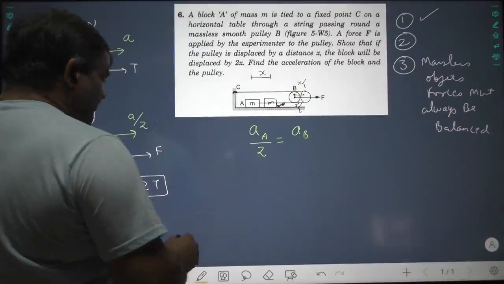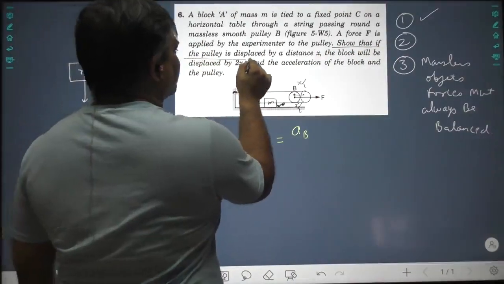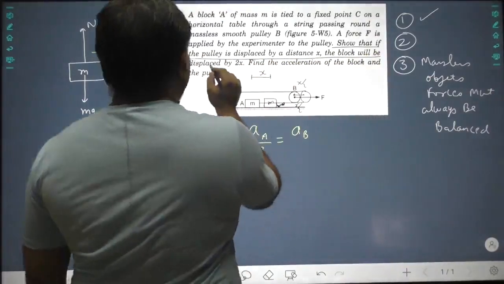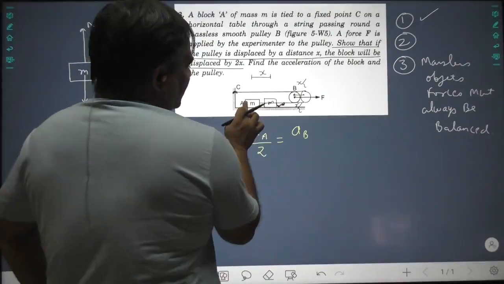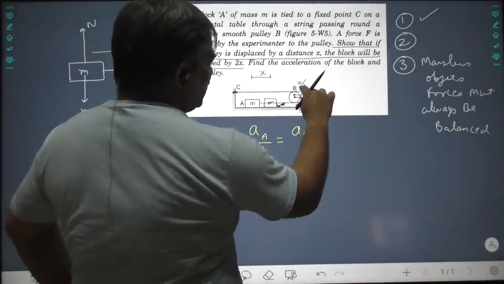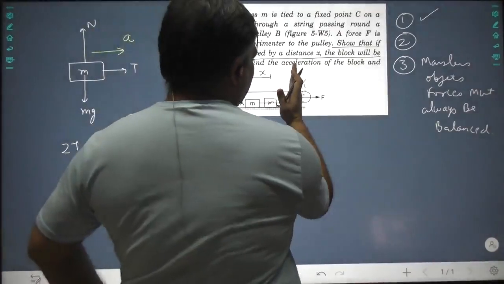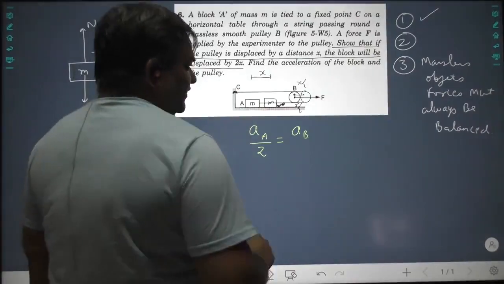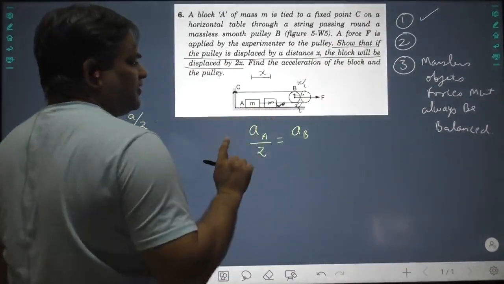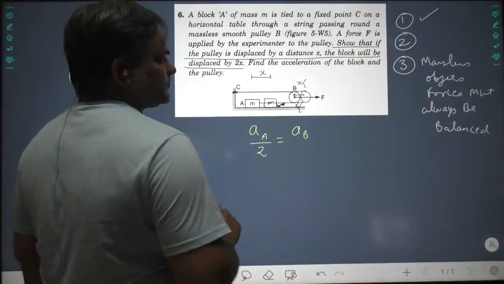I proved here: show that if the pulley is displaced by a distance x, the block will be displaced by 2x. That if the block is displaced by x, then the pulley only gets displaced by x by 2. So whatever is the displacement of the pulley, its double will be the displacement of the block. Did you understand it or not? Yes, sir.